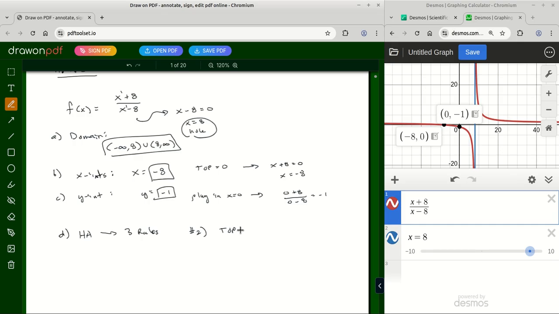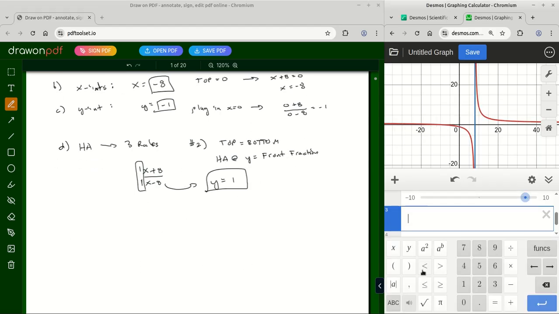So when the top degree is equal to the bottom degree, my horizontal asymptote is y equals the front fraction. If you're looking back at our original, there's a 1 and a 1 here, an invisible 1. So 1 over 1 makes a 1. So 1, that's your answer for your horizontal asymptote.